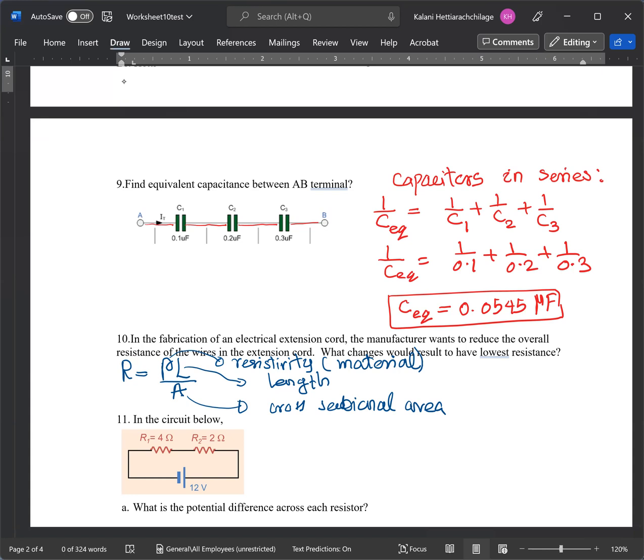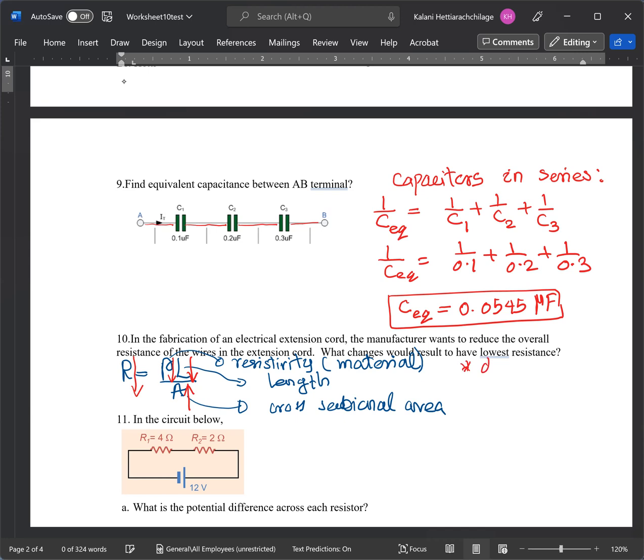So you can think about the increase yourself. So you need to reduce the resistance. To reduce the resistance, one thing you can change is the material. You can use a low resistivity material if you want. And you can decrease the L, you can decrease the length, and you can increase the cross section. Those are the 3 things you can do, right?